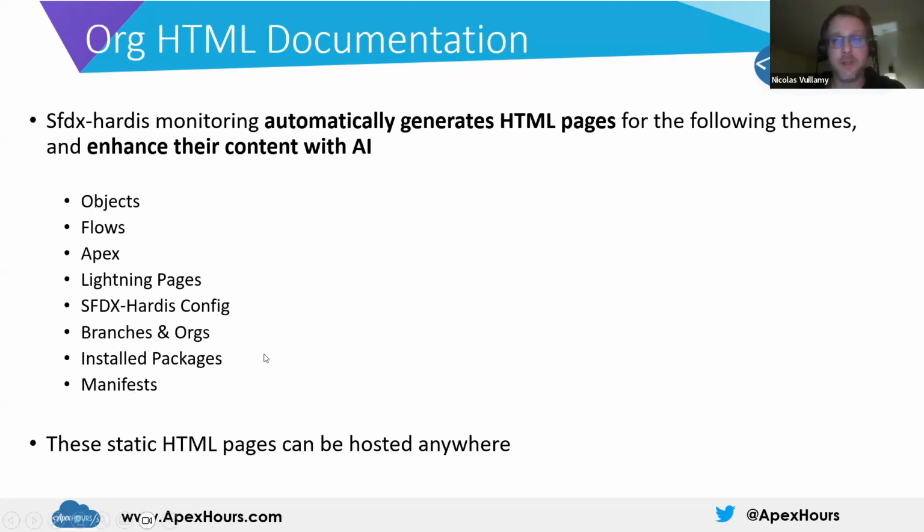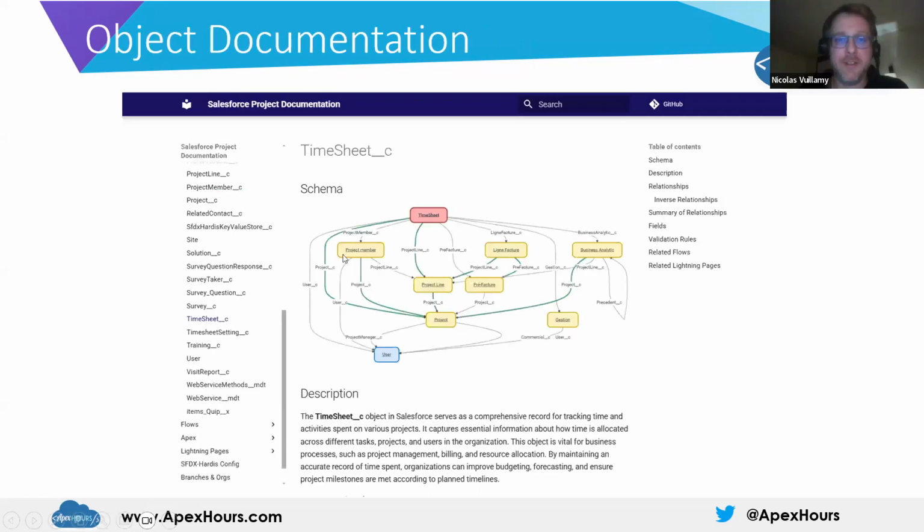And this documentation can be converted into HTML pages as a static website that you can host anywhere, of course, behind some authorization, because you don't want to publicly expose your project documentation. So here is an example of the object documentation.